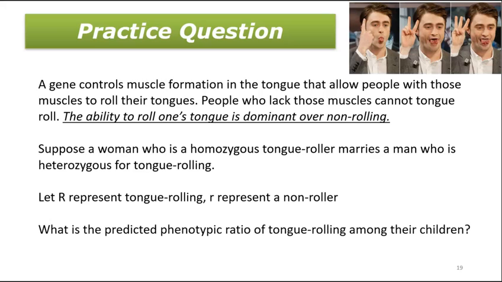So what is the predicted phenotypic ratio of tongue rolling among their children? What you would do is create a Punnett square to figure out the percent chance of having children that are tongue rollers versus children that are non-tongue rollers.